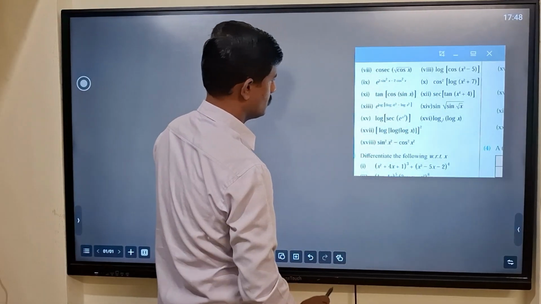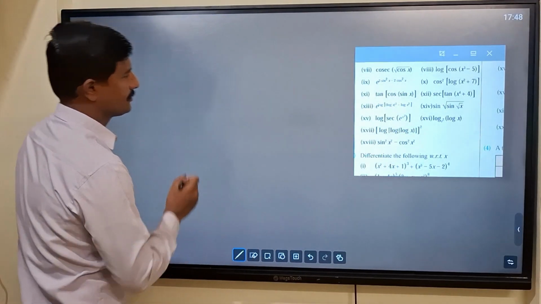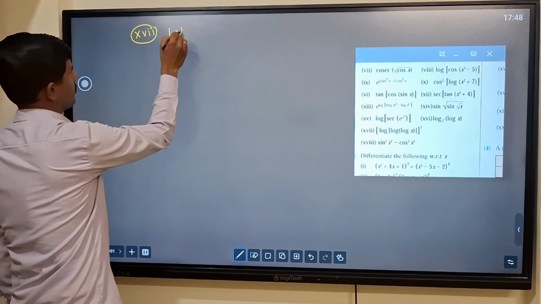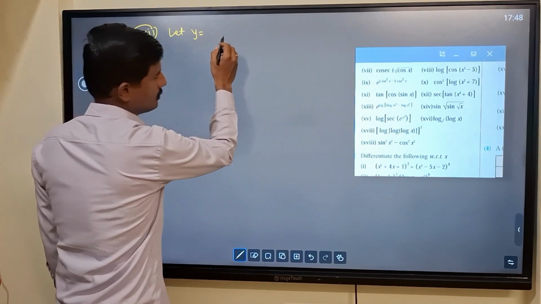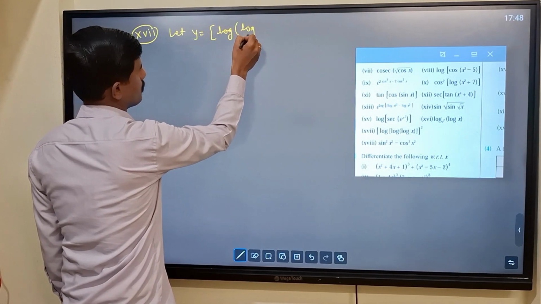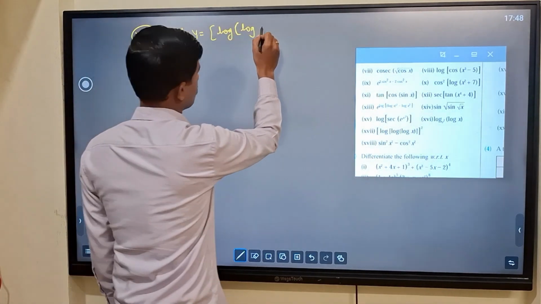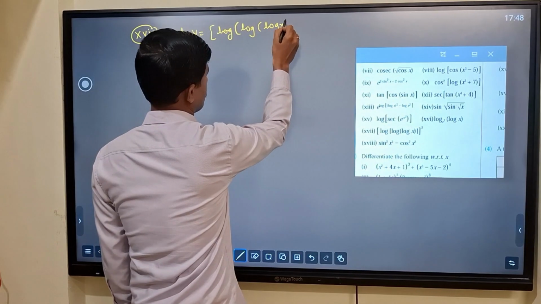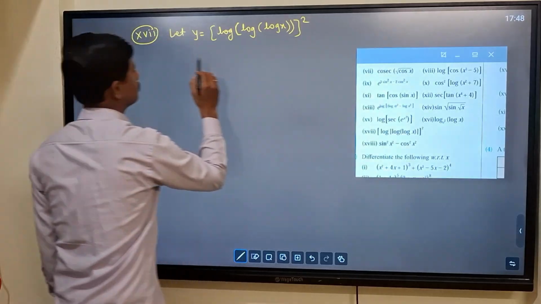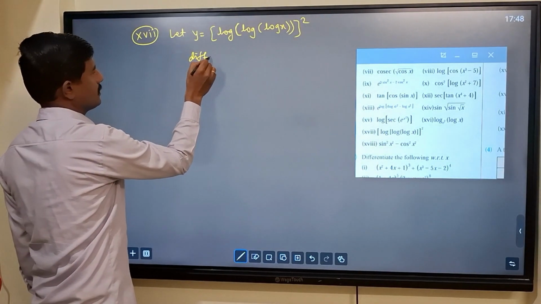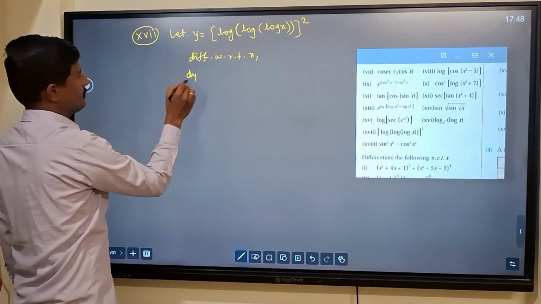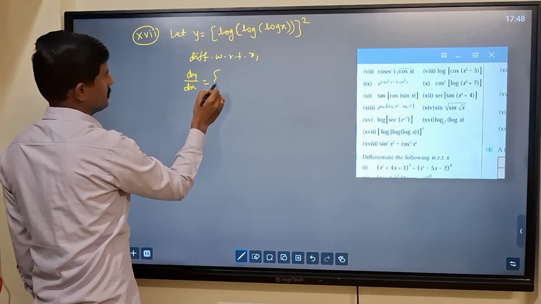Now next one, 17th. Let y equal to log of log of log x, all raised to 2. Now differentiate with respect to x. dy by dx: I will change one bracket.